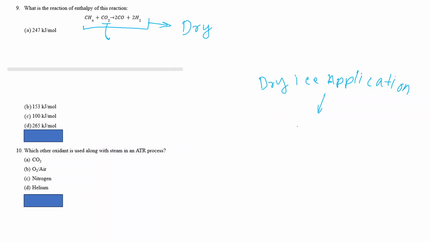Anyone? It is used in food processing and in the medical field also. I don't know about food processing or medical processing, but one common example is fire extinguishing. In fire extinguishing, there is a red cylinder in which carbon dioxide is stored in solid form by lowering the temperature.